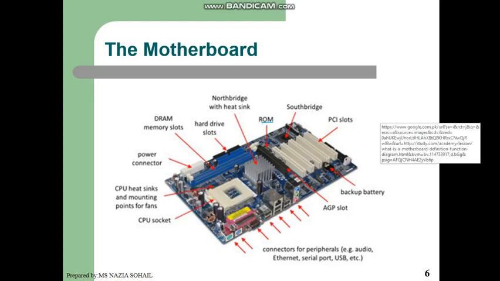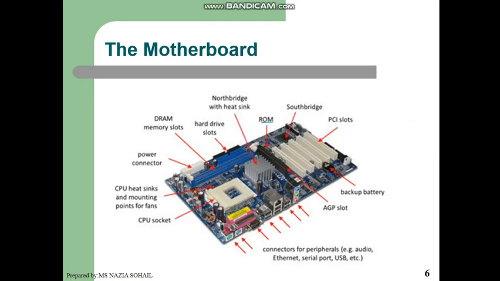These are the PCI slots. This is the south bridge, and the north bridge with heat sink. This is the hard drive slot. This is the DRAM memory slot, power connection, CPU socket, CPU heat sink, and these are all connectors for peripheral devices.